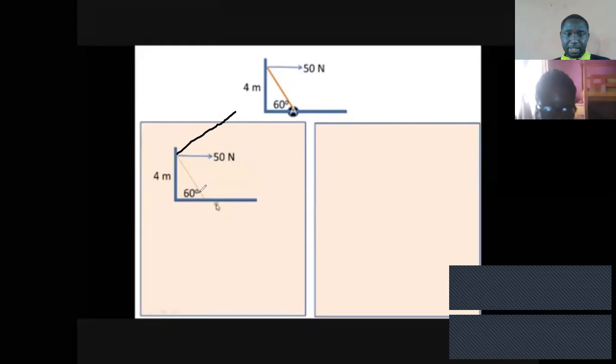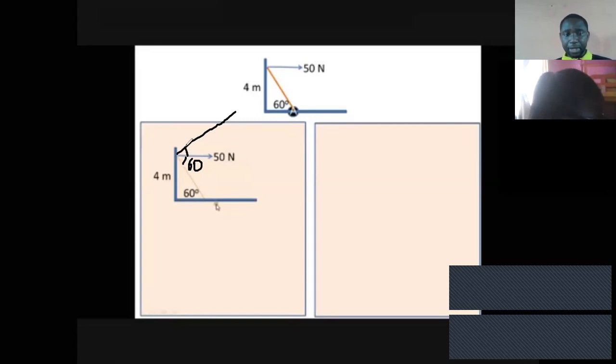Now, if this place is 60, what do you think this place would be? Good. What's the reason for that? Alternate angles.